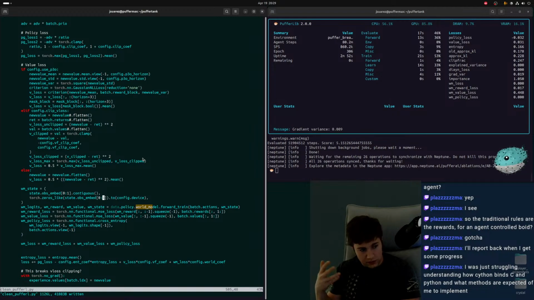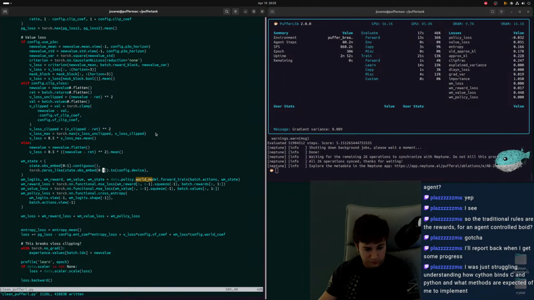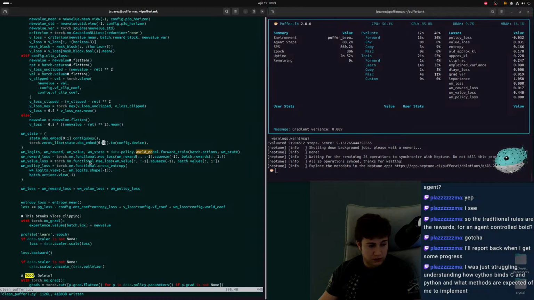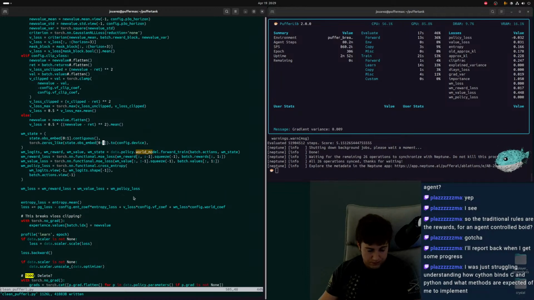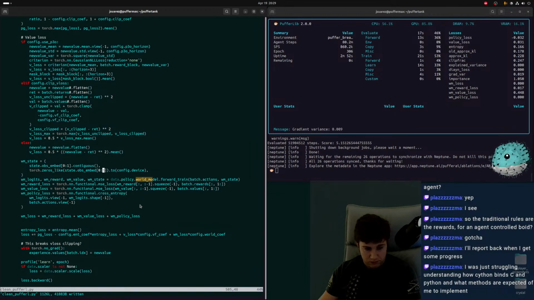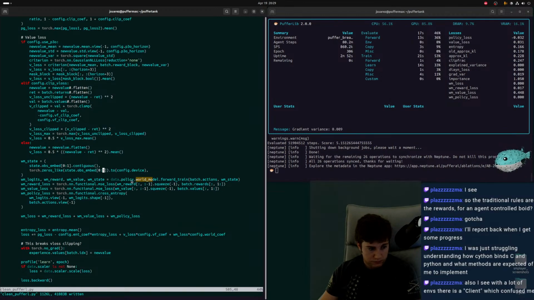I suggest doing it with step, reset, render, the way we have it, because it makes it easier. But it's kind of just a convention. It's what we've found makes it easier, so we structure stuff that way. Client is the renderer. Client is like the front end.